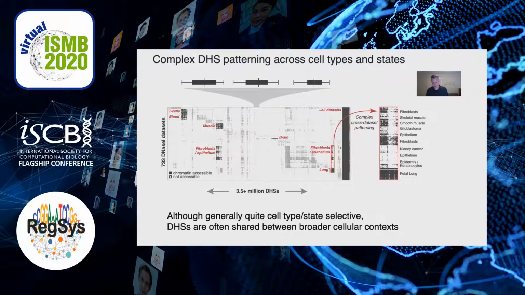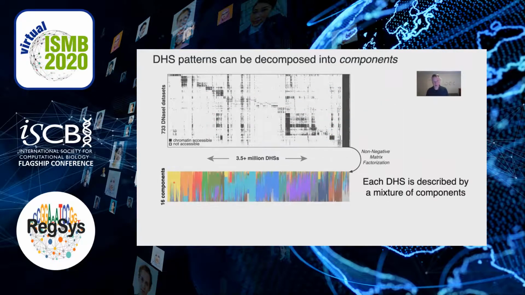In particular in this region, we see that there are thousands of DHSs showing similar behavior across quite different cellular contexts. And so we wanted to annotate these 3.5 million DHSs and figured that the right way to do that would not be to use conventional clustering approaches, but instead to come up with some sort of a decomposition of this matrix into a much smaller number of components. And that's what we did.